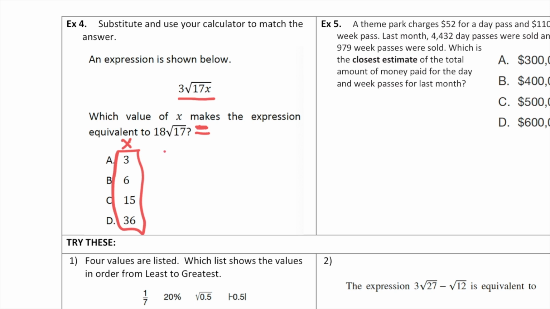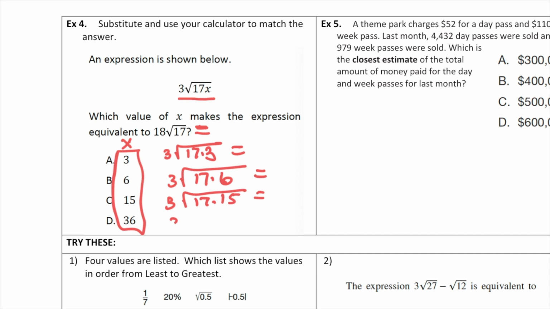So take a minute. I want to figure out what 3 square root 17 times 3 becomes. 3 square root 17 times 6. And remember, when you do these problems, you should use the order of operations. So I'm setting you up, but you have to actually key the numbers into your calculator and see which one becomes equivalent to 18 root 17.